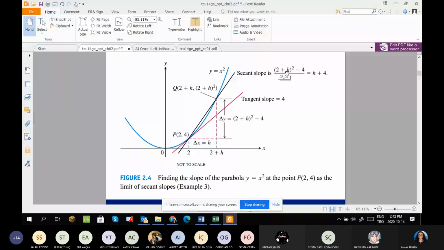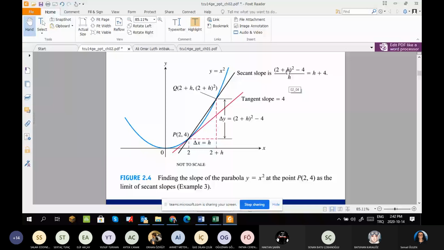Okay, the 4 cancels with this 4, and I have 4h plus h squared left. And then I can simplify the h as well.